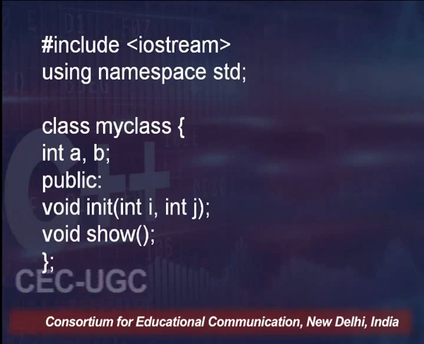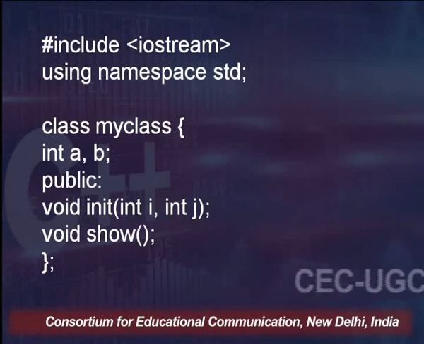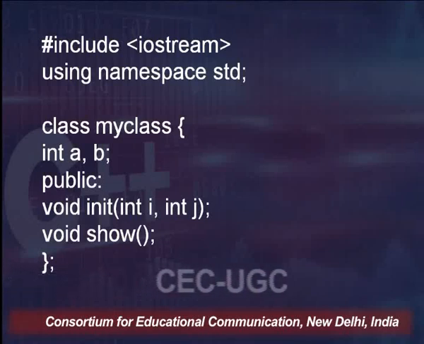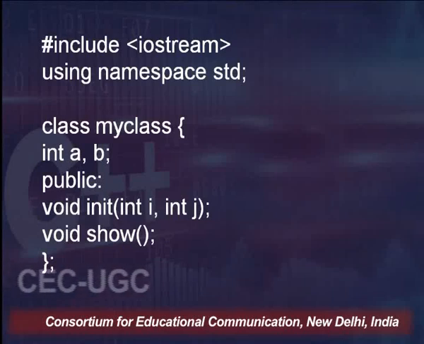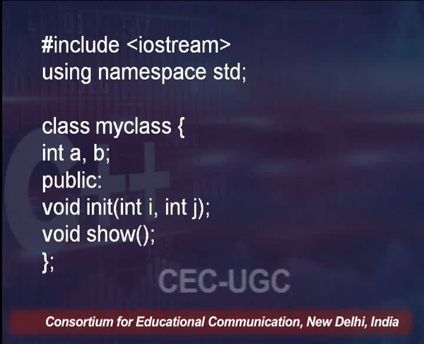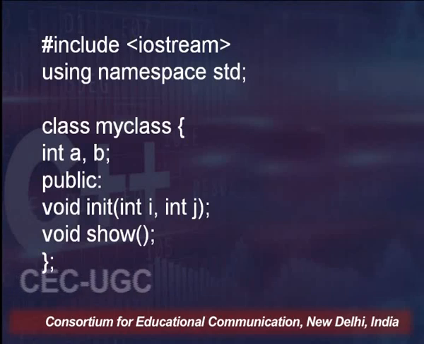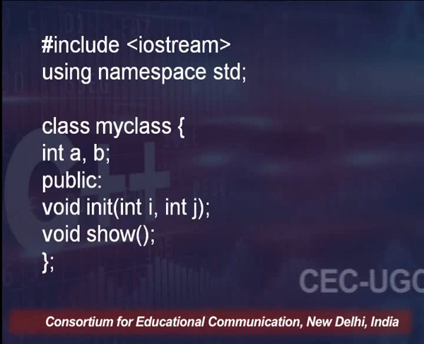But even if we define the function outside the class, we can request the compiler to make it inline by placing the word inline in its signature. So, what I am trying to convey here is that it is not only the normal functions of the programming, but also the member functions of classes which can be made inline.